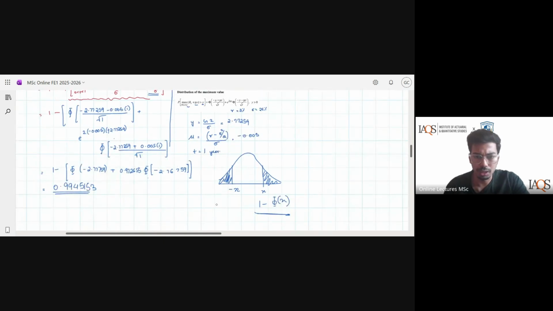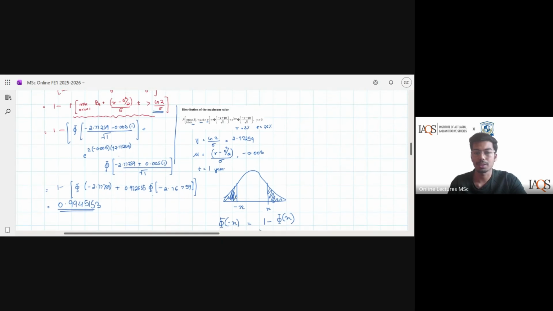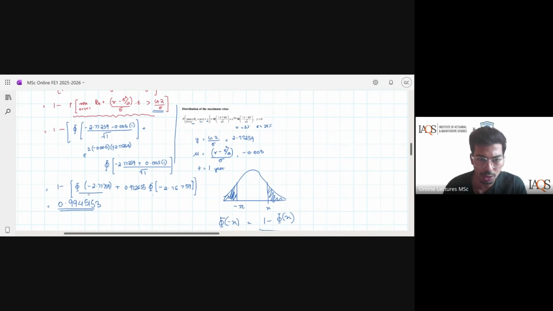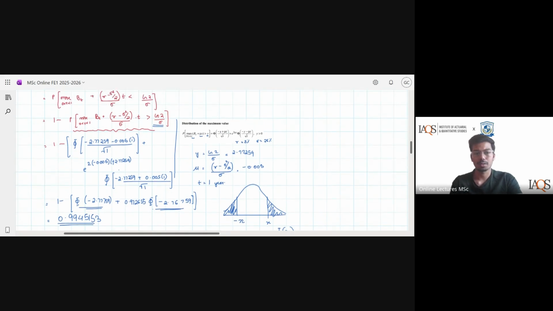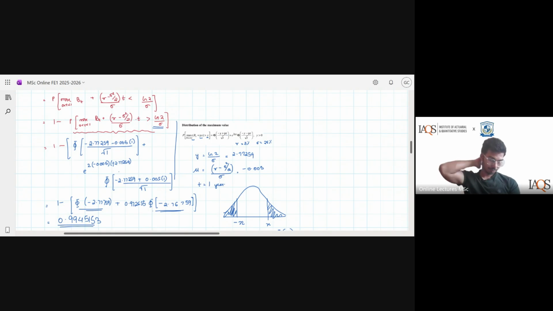So remember the property that phi of minus x is equal to 1 minus phi of x. So you can calculate this value using this equation, calculate this value using this equation, substitute and get the answer. If anyone is facing any issues, let me know.